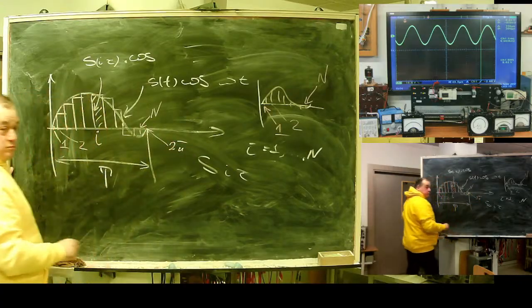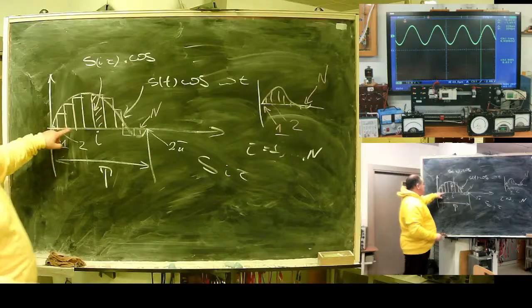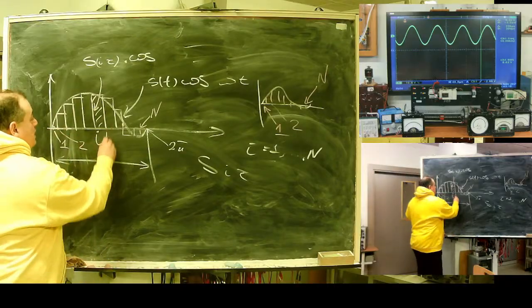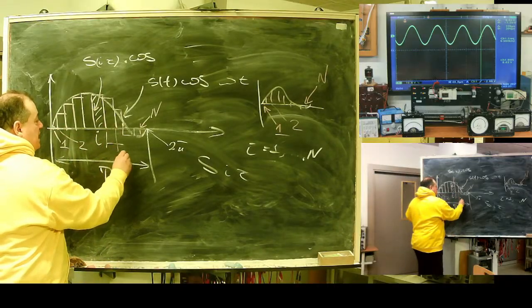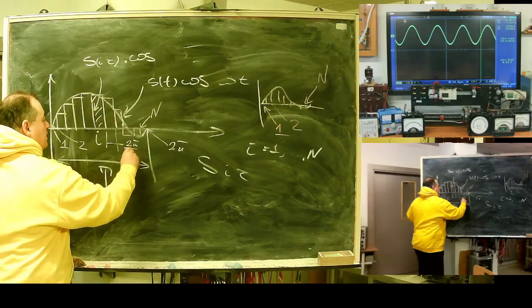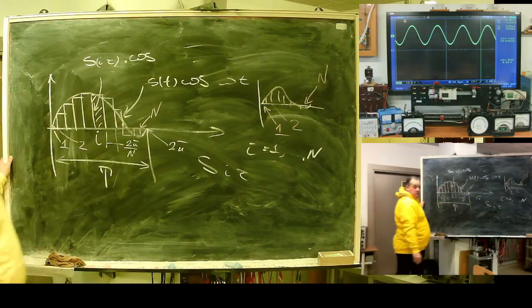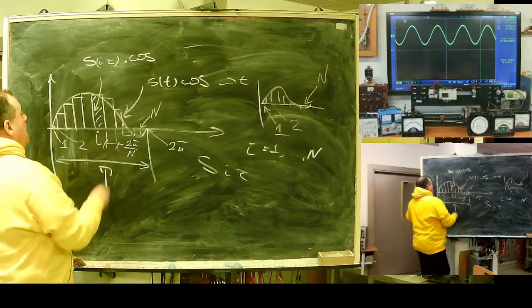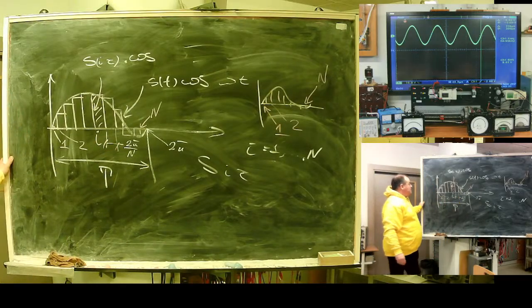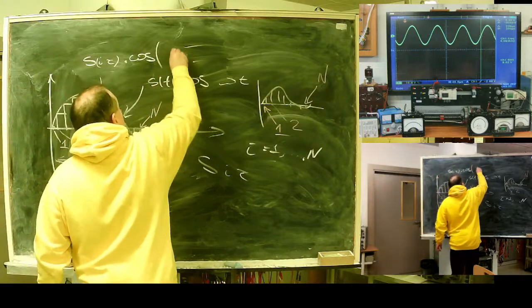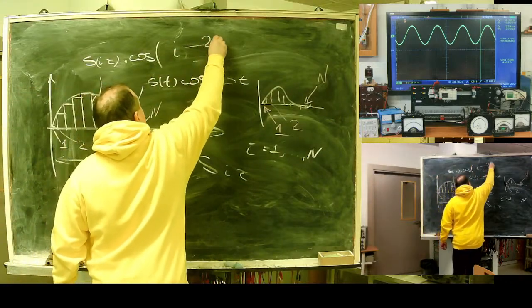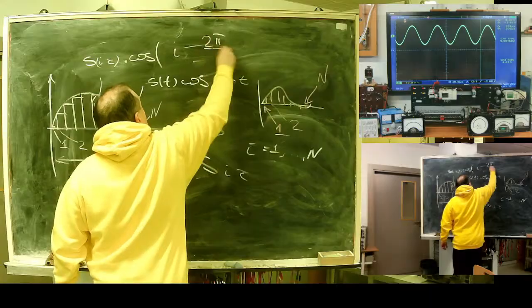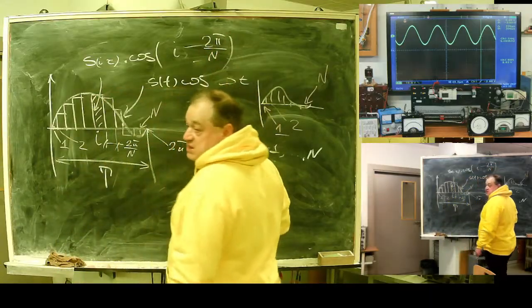2 pi, yeah? So this angle is 2 pi divided by the number of points. Is it correct? Here should be i multiplied by 2 pi and divided by the number of points.